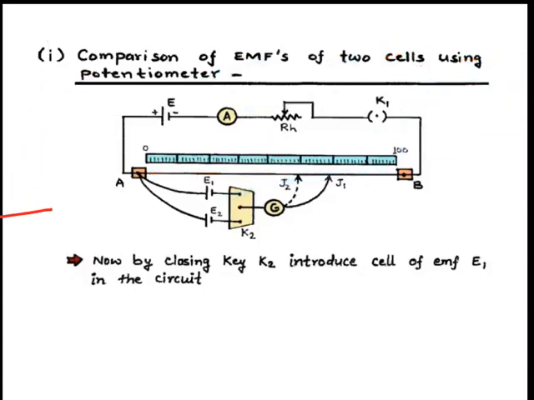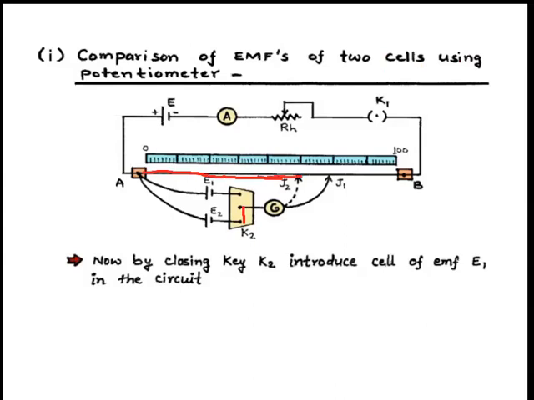Now let's connect the second cell, children. How will we connect the second cell? Simple. We are going to remove that connection and here we are going to put the key like this. So now you can see that in the circuit, the cell with EMF E2 is connected, right? Now we will slide the jockey and try to find the balance length.